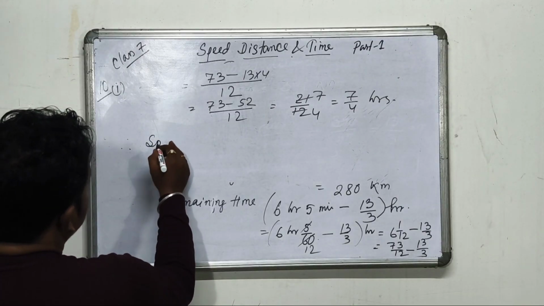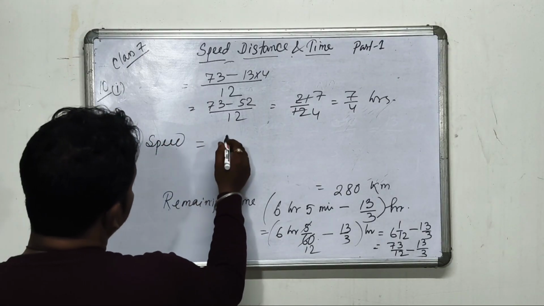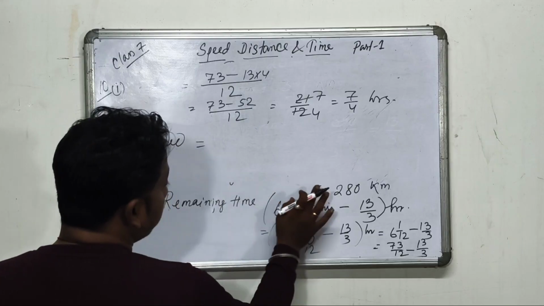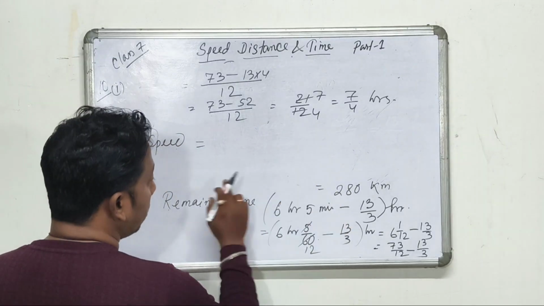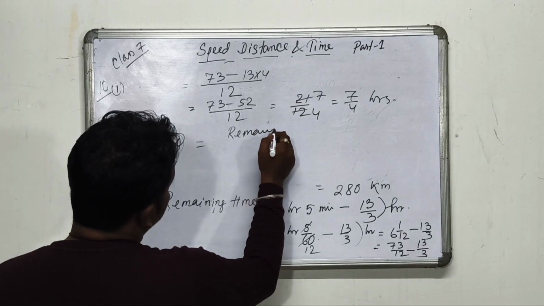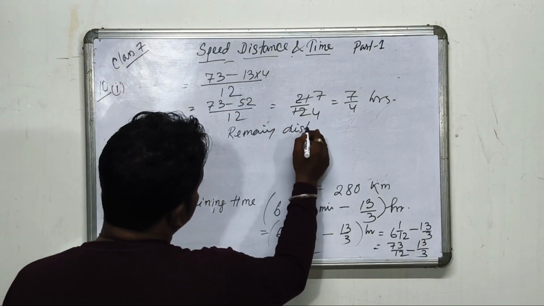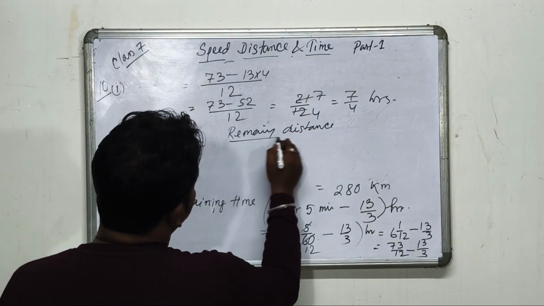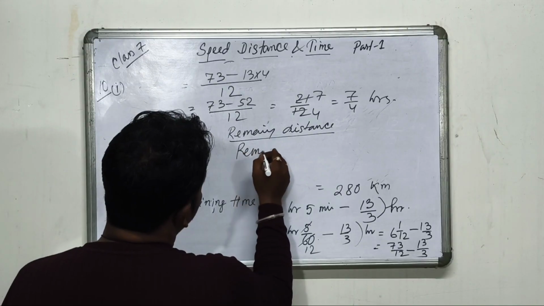Therefore speed equals remaining distance by remaining time.